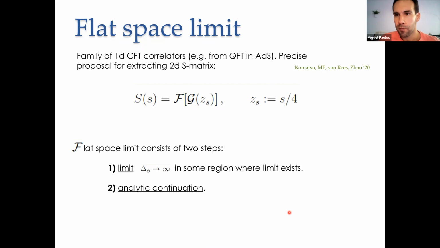So if you take the CFT correlator which maximizes an OPE coefficient with some dimension below 2 delta phi, that correlator will become basically the Sine-Gordon breather S matrix by this map. And you can even prove this analytically.